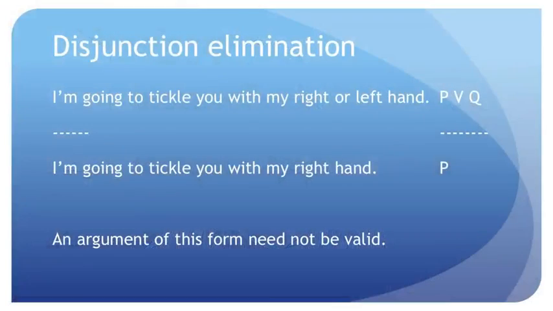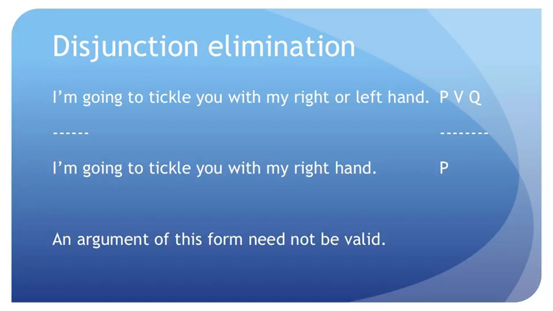Well, consider an argument that starts from the premise, I'm going to tickle you with either my right or my left hand. And then it draws the conclusion that is simply one of those two disjoint propositions. Let's say it draws the conclusion, I'm going to tickle you with my right hand. Is that argument valid? No, it's not.